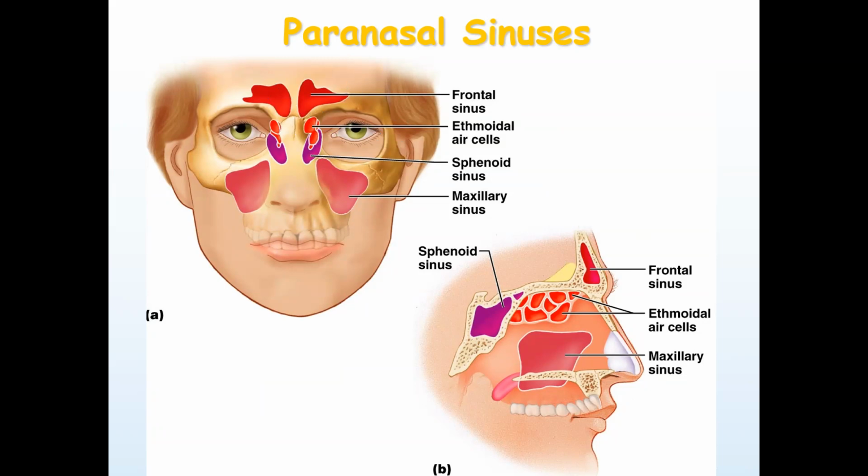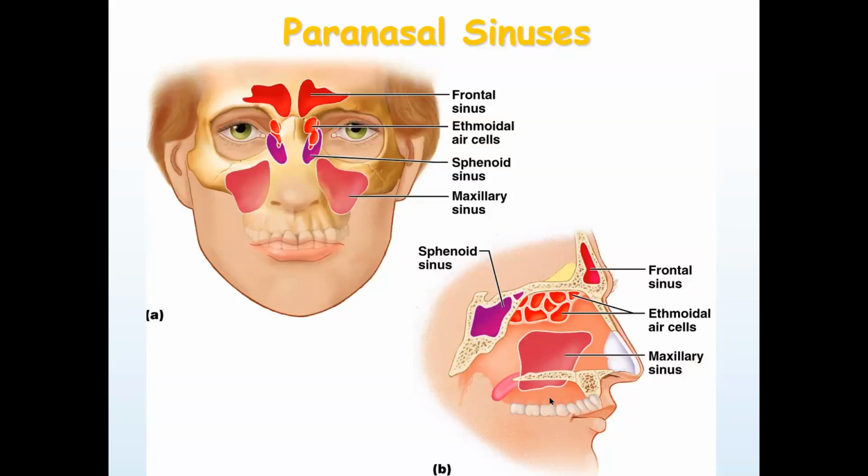As you can see here, they're more towards the middle of the head and behind the frontal sinuses. And behind the ethmoid sinuses, you have the sphenoid sinuses, which of course are in the sphenoid bone, which helps to make up the posterior aspect of your nasal cavity.